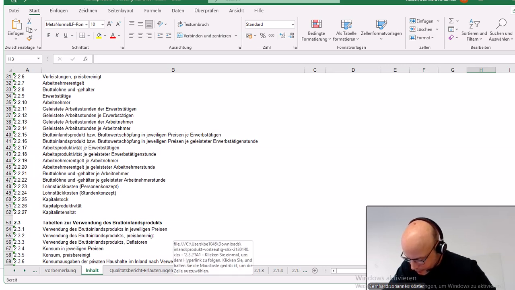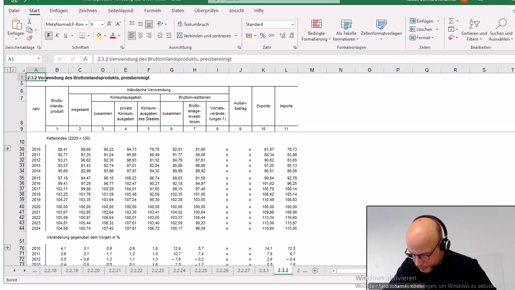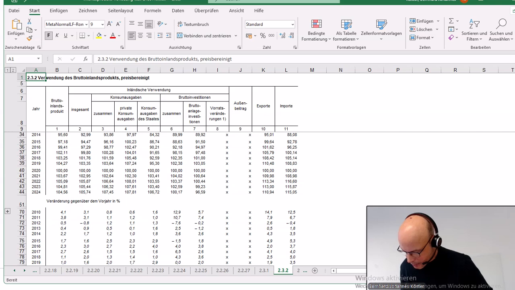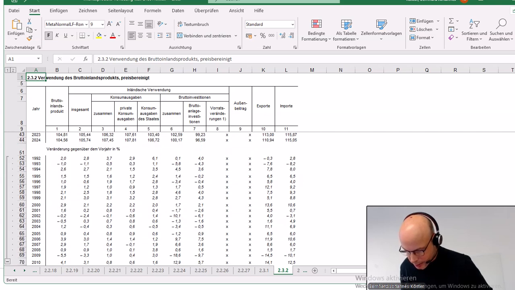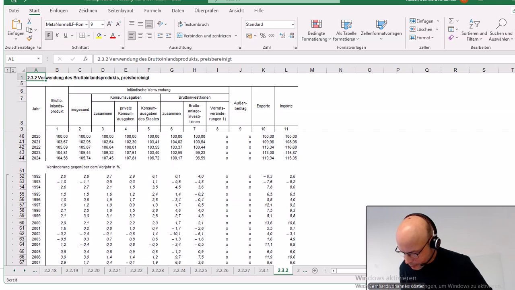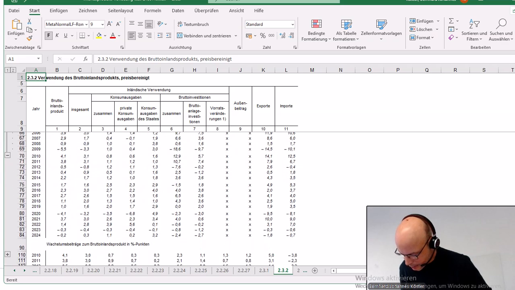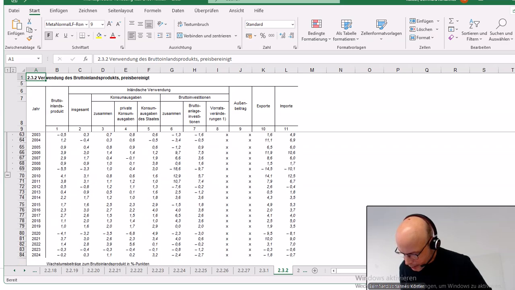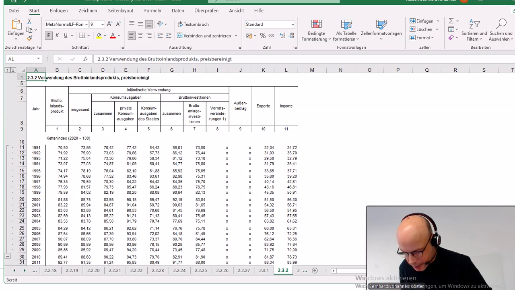And here, preisbereinigt, this means then price adjusted numbers. Let's take these ones. Well, here we can use quarterly data. These are the... no, it's yearly data. Okay, then let's use here yearly data.